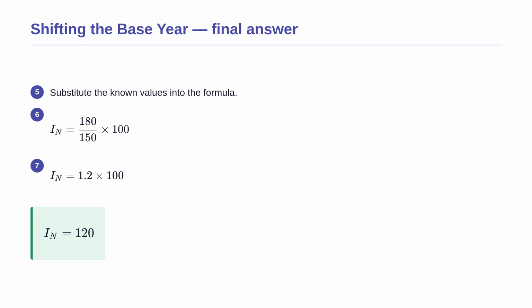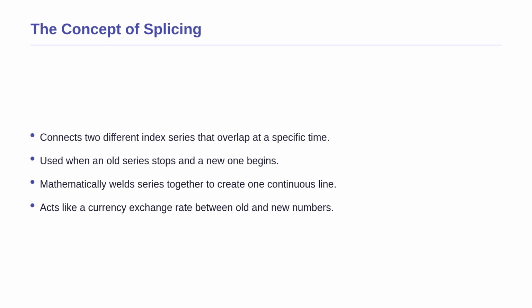Finally, we multiply by 100 to normalize it to our index scale. The new index for 2018 with 2015 as the base is 120. This physically means that between 2015 and 2018, there was a 20% increase in the measured variable, preserving the original trend perfectly. So, we have successfully shifted a base year.